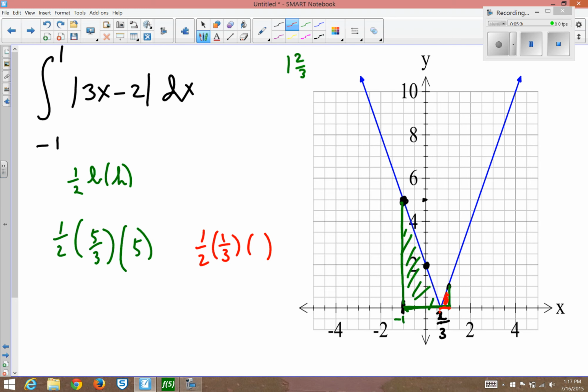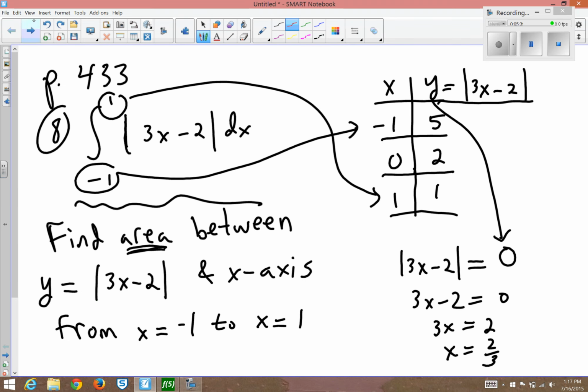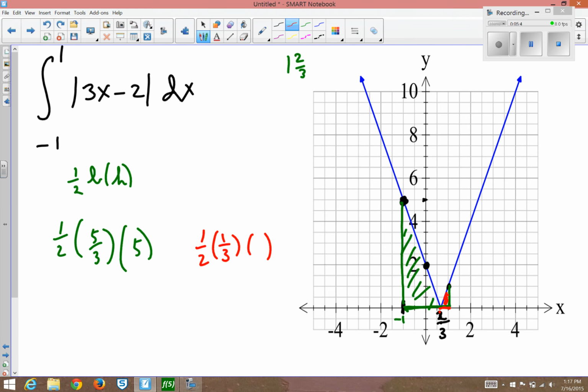And the height of that triangle is 1. This is 1 unit. The area of a triangle is 1/2 base times height. For this red triangle, it's 1/2 times 1/3 times 1. So all this in red right here is the area of that little red triangle.